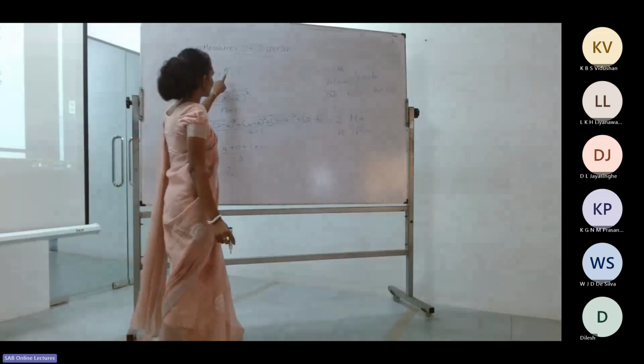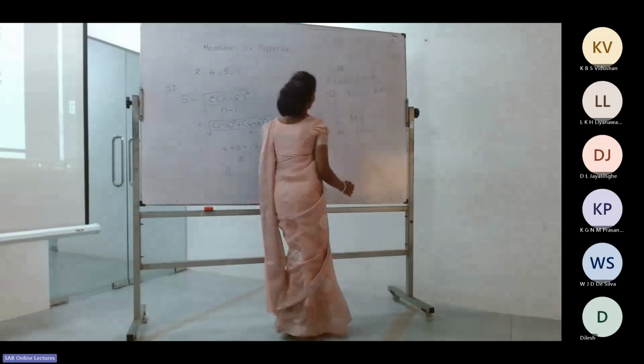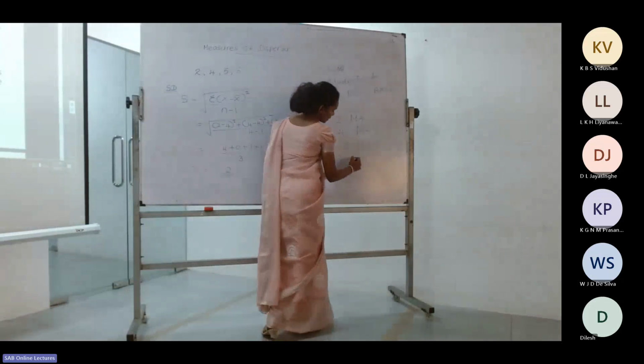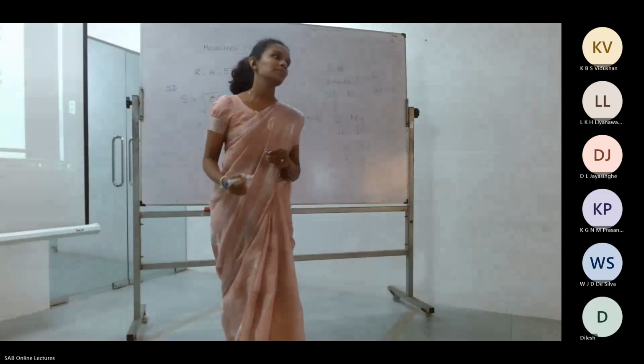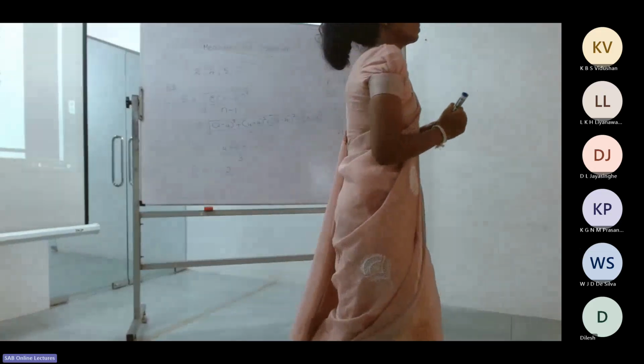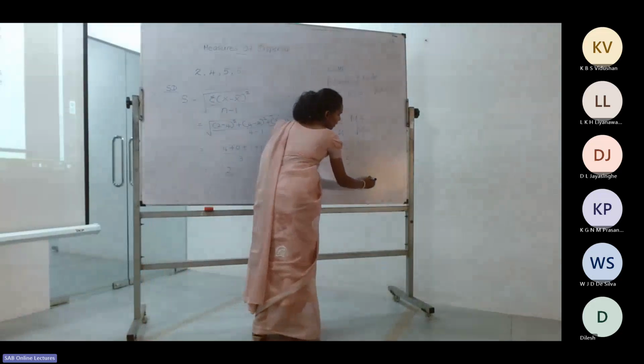Then the third observation value is 5, then 5 and M plus. The fourth one is 5, then again press 5 and M plus. Okay, then the display shows n equals 4.